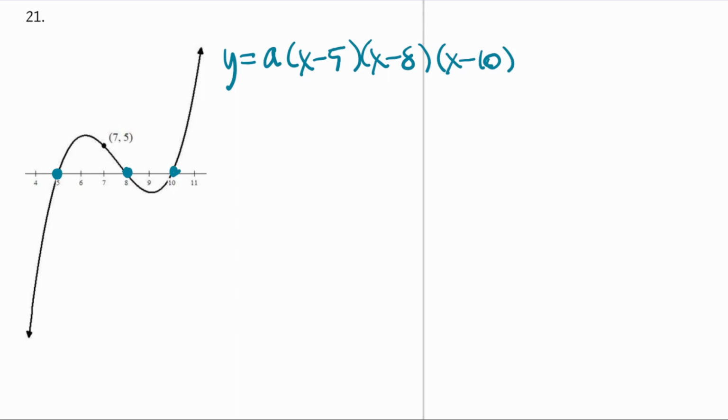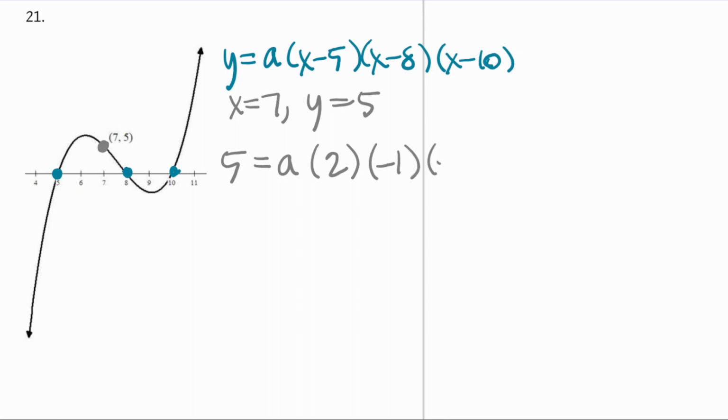Okay, I've also got this other point here, 7 and 5, so I'm going to say x equals 7 and y equals 5. 7 minus 5 is going to be 2, 7 minus 8 is -1, and 7 minus 10 is -3. So 5 is equal to 6a, and a is 6 divided by 5.